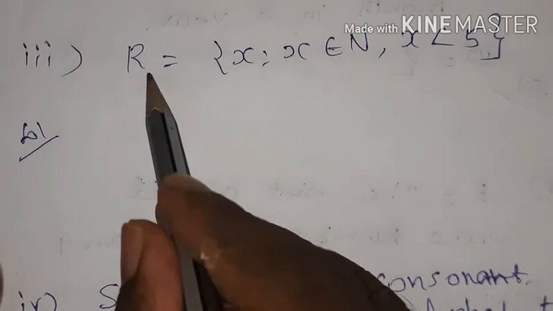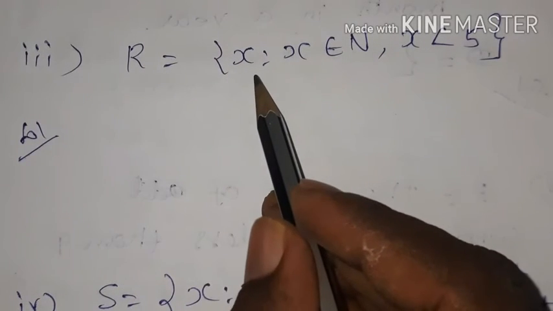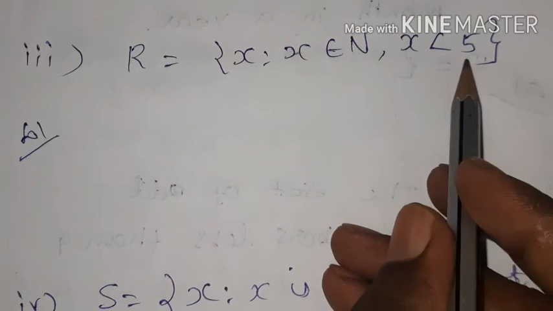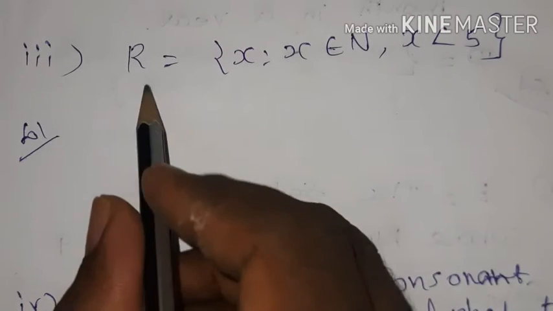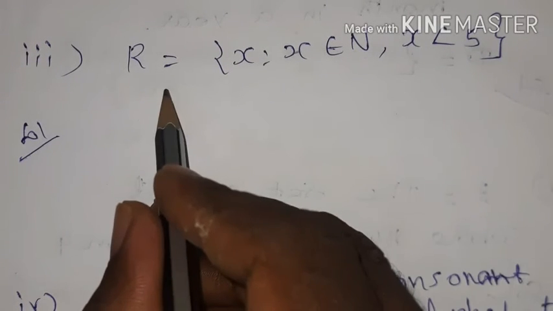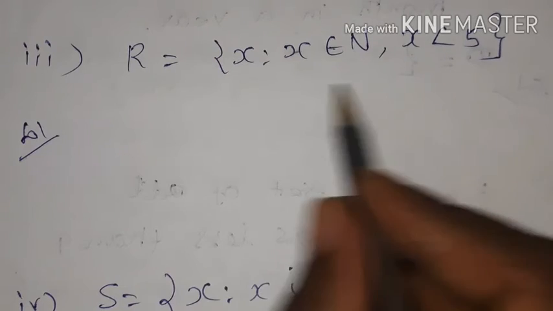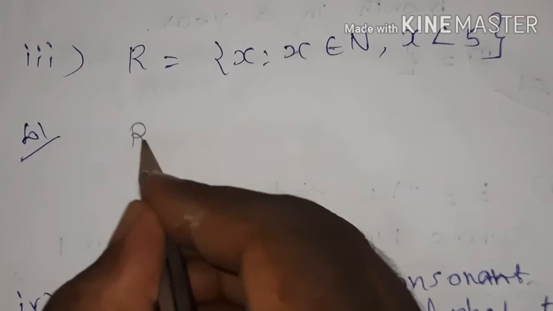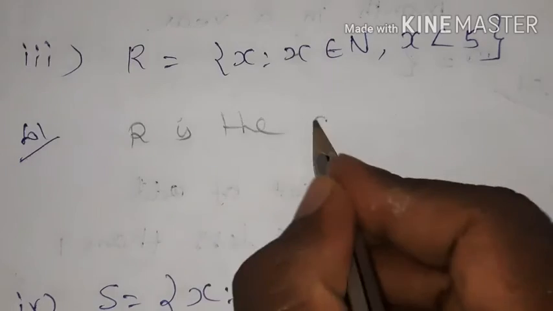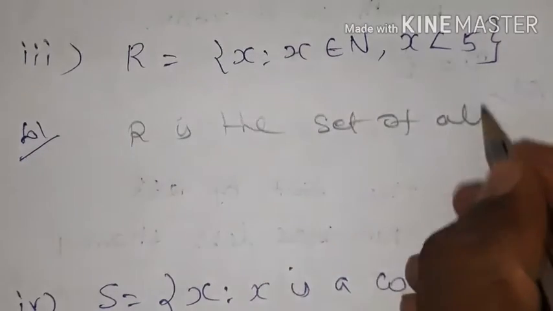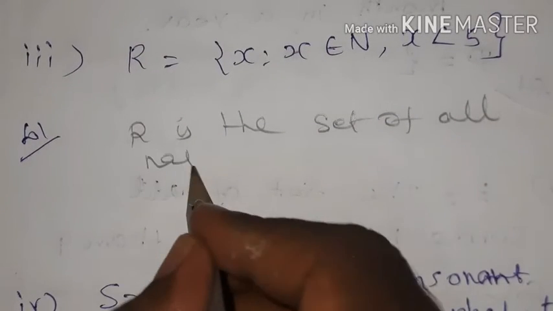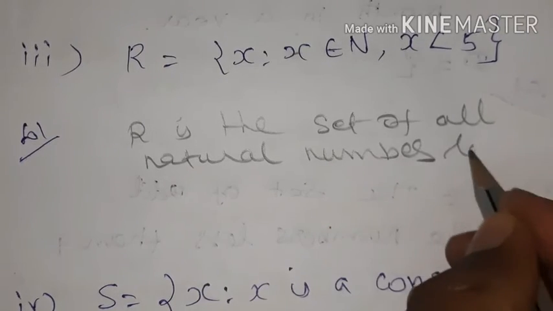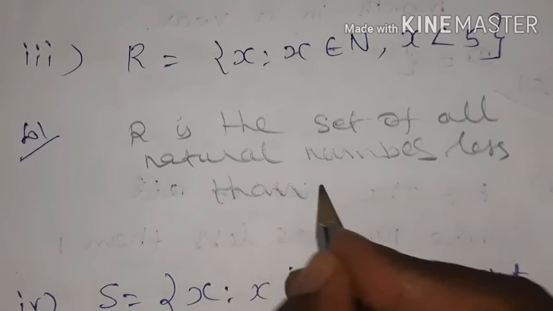Then third part, R. R is equal to the set of x such that x belongs to natural numbers, x less than 5. Here the set builder form is given. We want to change it to descriptive form. R is the set of all natural numbers less than 5.